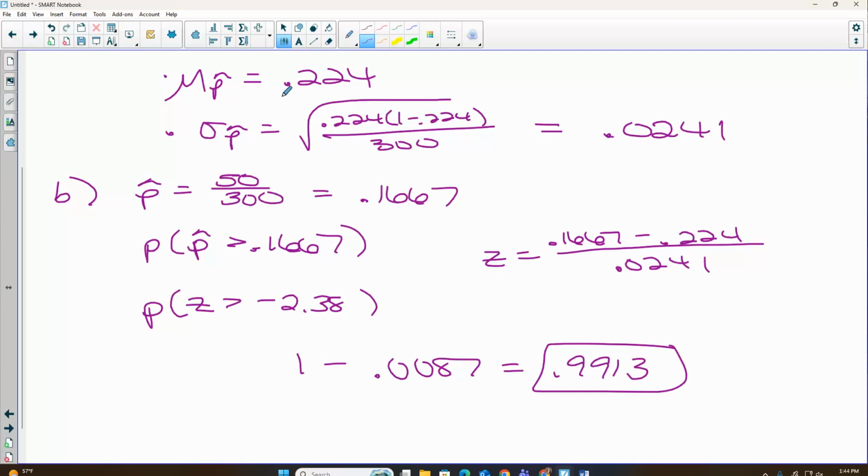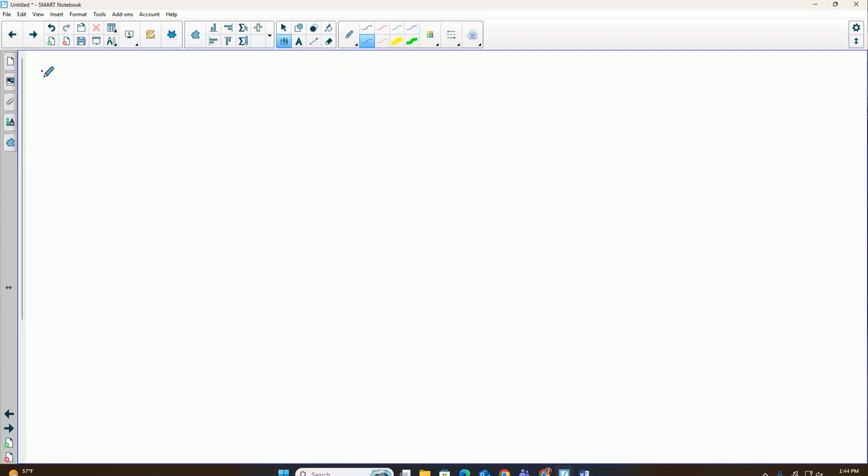All right, now let's go to 11. So I'm going to go ahead and talk about A as well. You have to have that to do the others. We know our sample size is 200. Population was 32,000. And our p is 0.63.